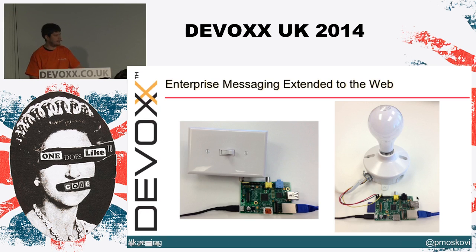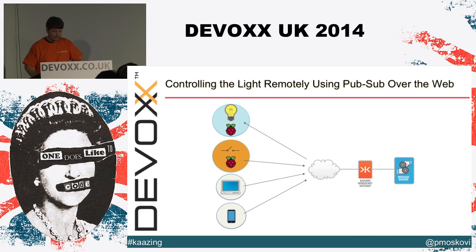So if we can do that, then we can either directly connect these two, or, given that the Raspberry Pi is pretty much a full-blown computer, we use the same kind of publish-subscribe trick that we saw in the previous slide. Instead of directly connecting the two, we couple them in a loose fashion. So whenever the switch is toggled, it's detected by the Pi, and the information is sent over the web to a back-end system.